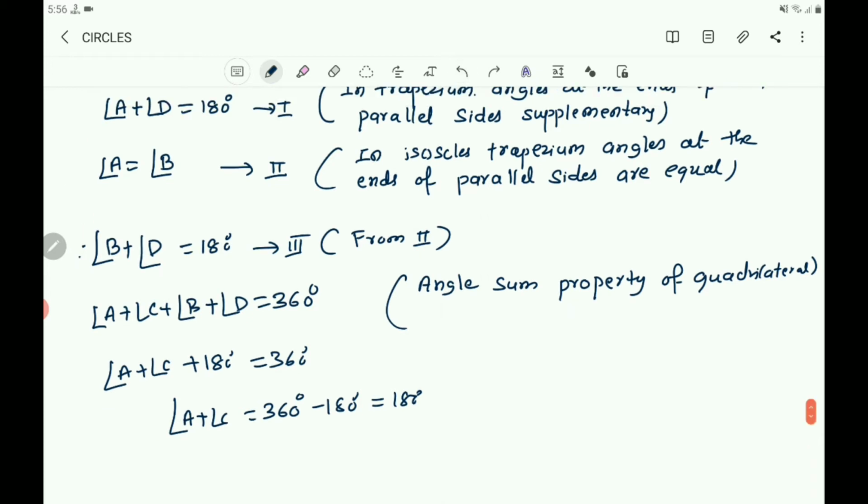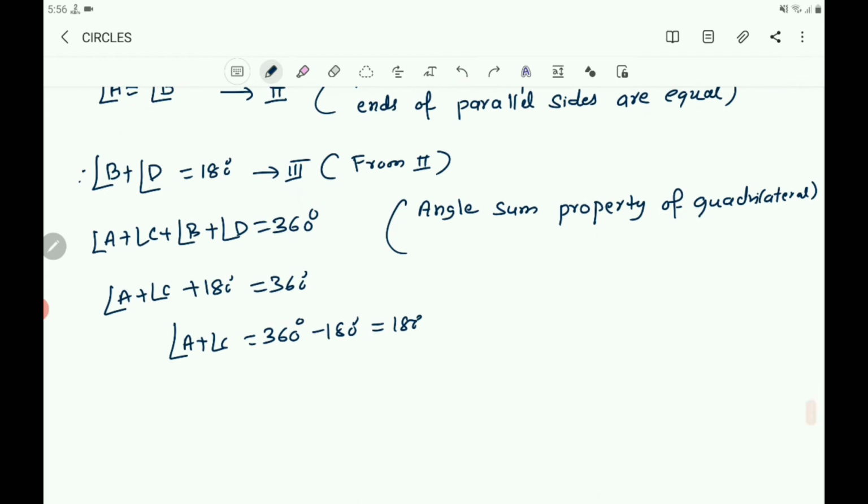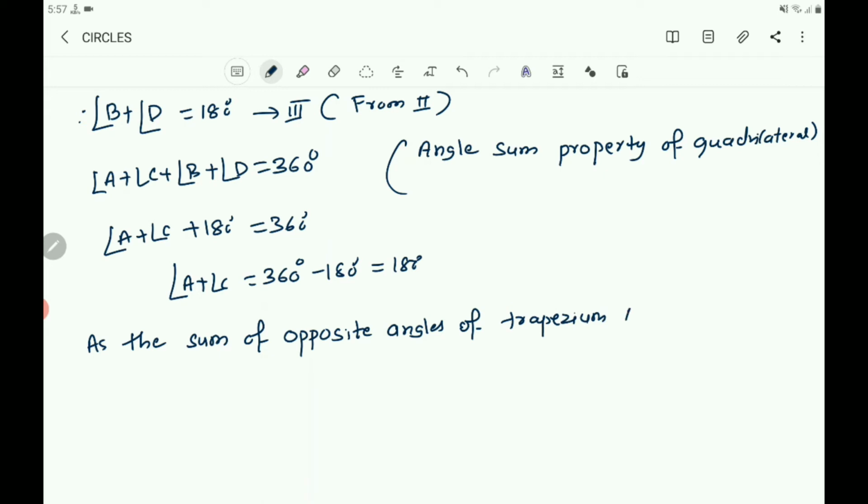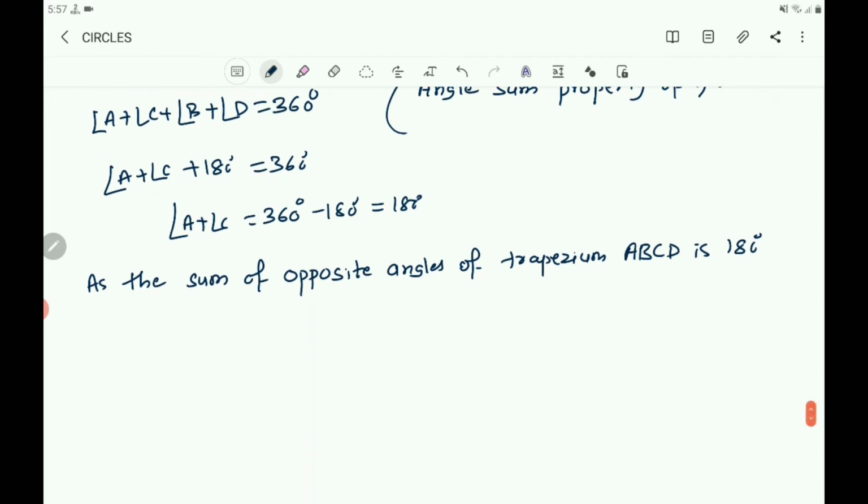So you got that as opposite angles are supplementary, means the sum of opposite angles of the quadrilateral is 180 degree, you can say that this trapezium is a cyclic trapezium or cyclic quadrilateral, as the sum of opposite angles of trapezium ABCD is 180 degree. It is cyclic.